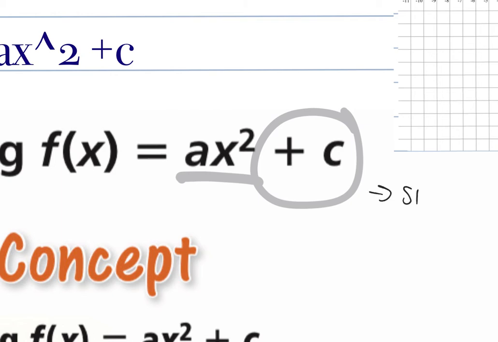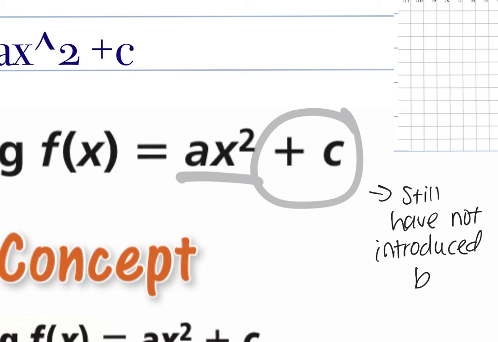We still have not introduced b. And b is going to have what next to it? It's the coefficient for x. Remember, that term is going to be b times x. We are still not dealing with that term yet. That will change some stuff when we look at it, all right?